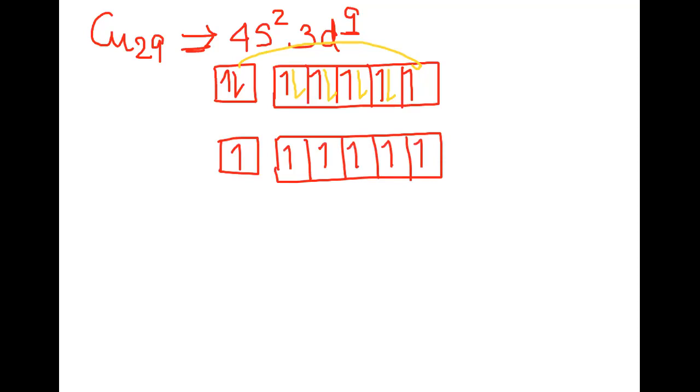Then the pairing starts. But here the electron that is there has come from here, so I can show this in red only. So this is what has happened, and this has paired up.